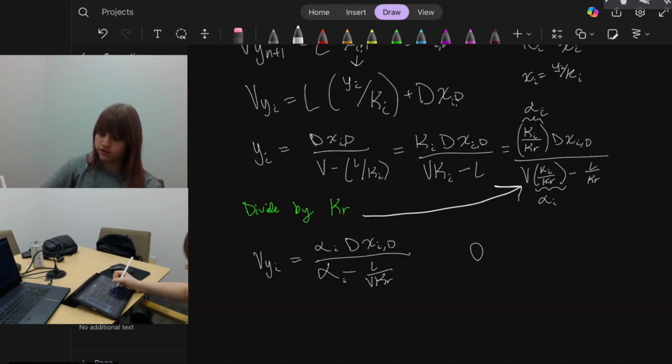So we're going to say that this phi is equal to L over V times Kr.